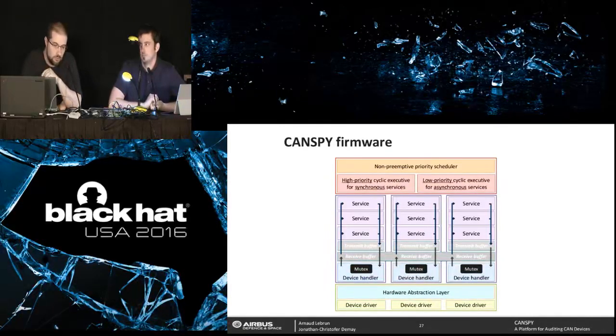The idea with this slide is just to explain to you that if you want to add new functionalities to the tool, it's quite easy. We have at the bottom an abstraction layer to handle input-output operations with the hardware. So you don't need to worry about this. There's an API dedicated to this. To be sure that your new functionalities will not induce frame dropping, you comply with the design, that is, one functionality is one service associated with one device, and a service can either be an asynchronous one or a synchronous one.